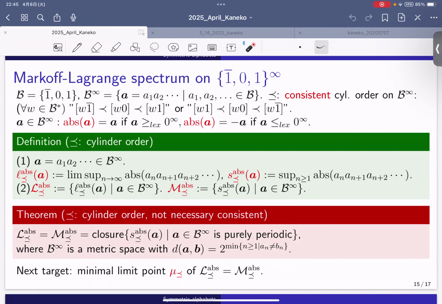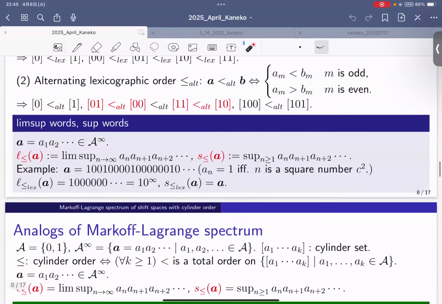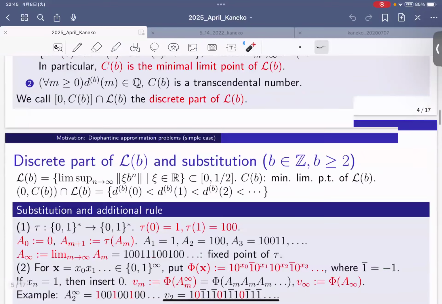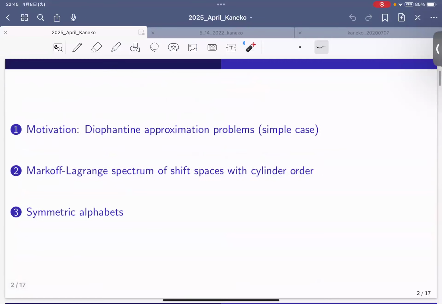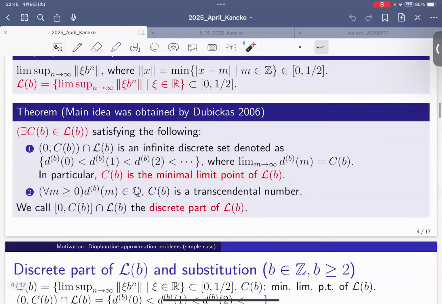And the next target is the minimal limit point of this set. In some sense, it comes from the original problem of Professor Davidskas.